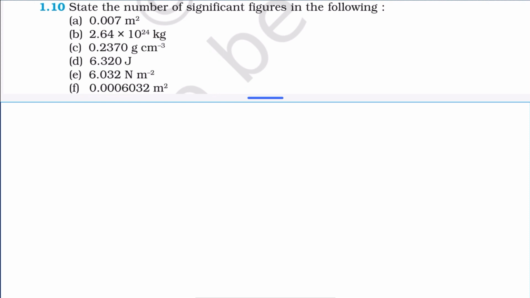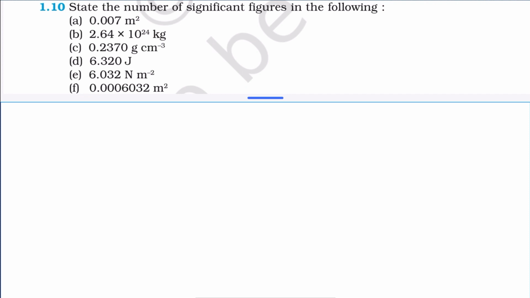This is the first thing. Second, right-sided zeros. What are right-sided zeros? If you move from the right side, the zeros until a non-zero number comes are called right-sided zeros. The right-sided zeros shall be ignored if there is no decimal point in the number.